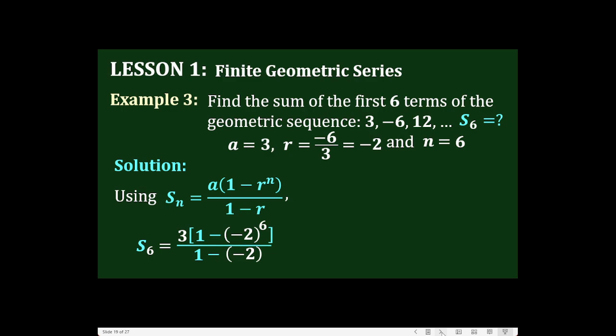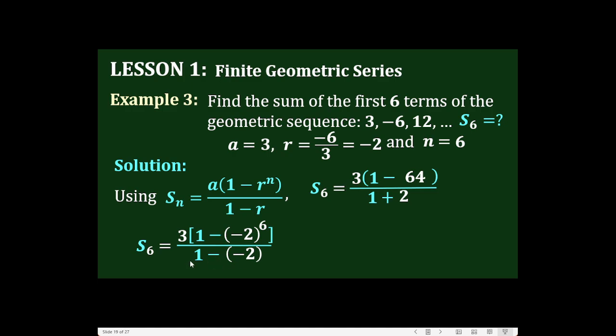Simplifying the resulting expression for S sub 6, that is 3, quantity 1 minus 64, all over 1 minus negative 2, which becomes 1 plus 2. Meaning, we apply the rule of subtracting signed numbers, which is changing the sign of the subtrahend and following the rule of addition.